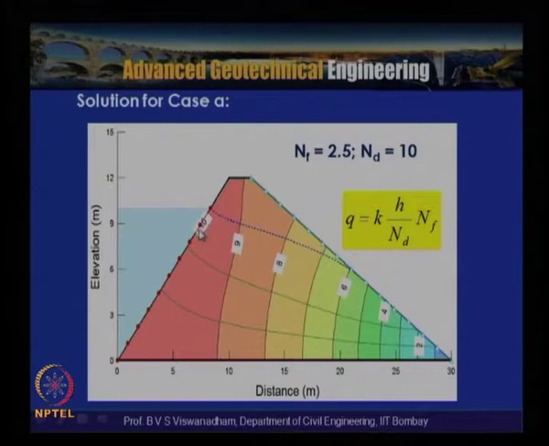The program gives 10, 9, 8, 7, 6, 5, 4, 3, 2, 1, 0; these are the potential drops. By knowing this we can calculate the discharge or leakage through the dam section, where q = K into H into NF by ND.